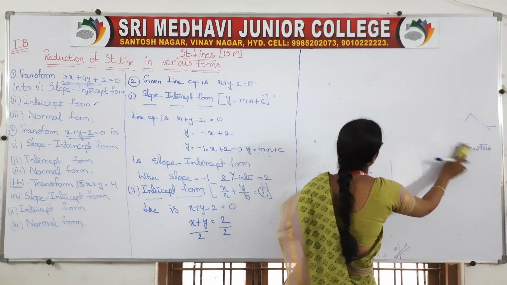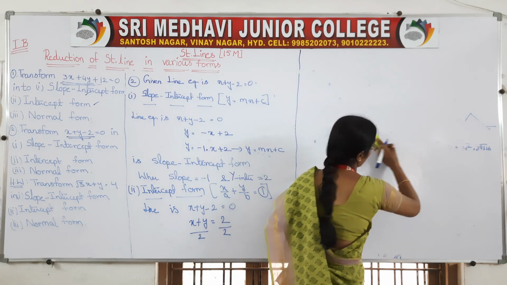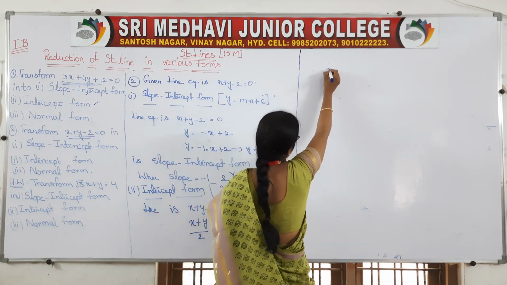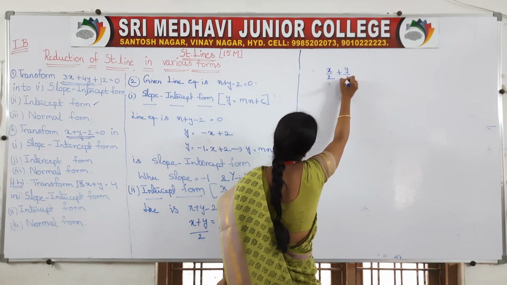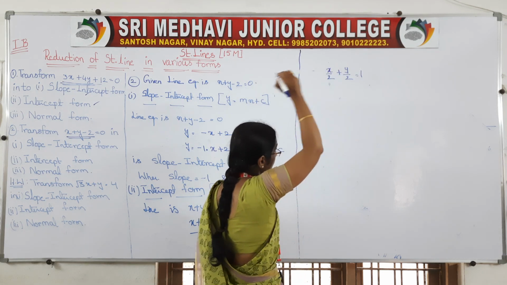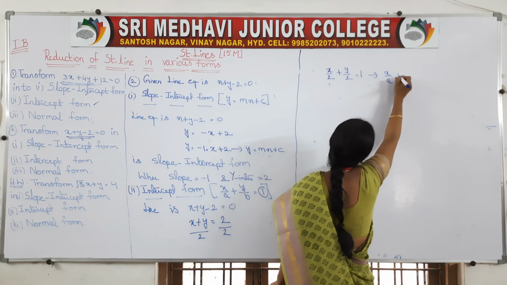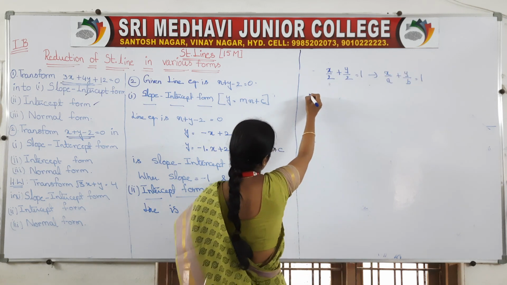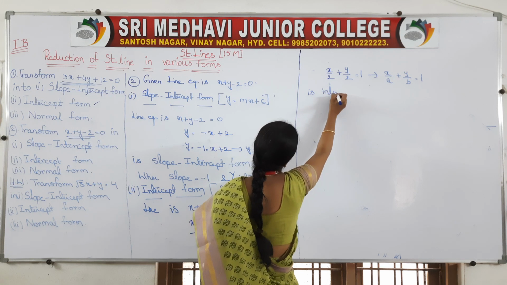So how will you get the intercept form? The intercept form is x by a plus y by b is equal to 1. So write it: x by 2 plus y by 2 is equal to 1. It is exactly in the form x by a plus y by b is equal to 1, so this is the intercept form.